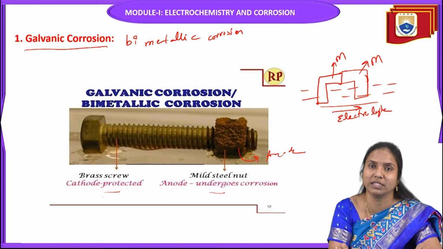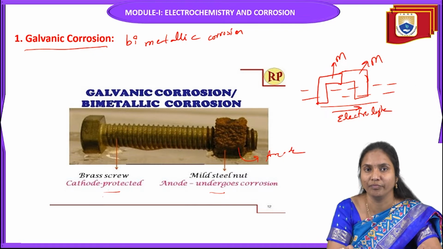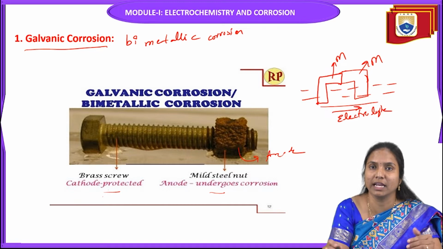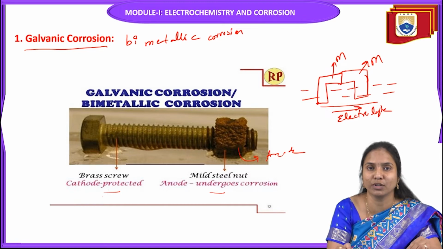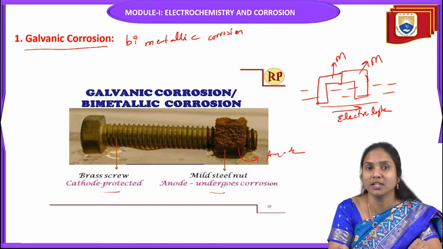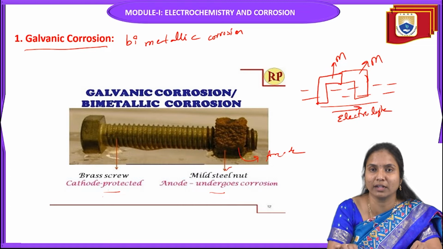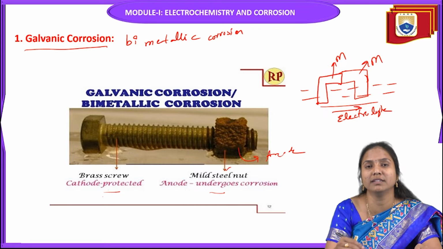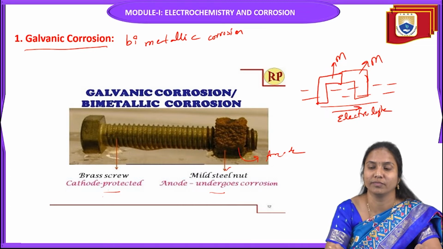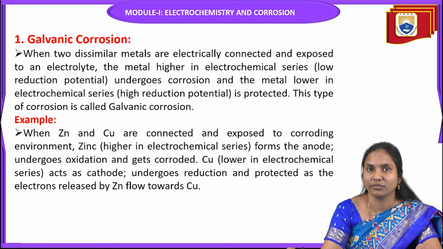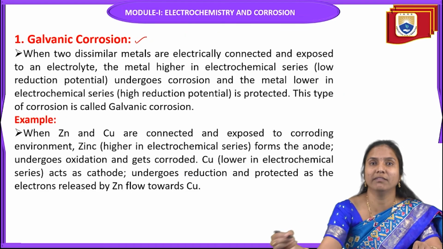The two different metals, brass and steel, are electrically connected when exposed to electrolyte. Of these two metals, one is the more active metal. Here steel is the more active metal than brass, so that metal easily undergoes corrosion. So what is the meaning of galvanic corrosion?